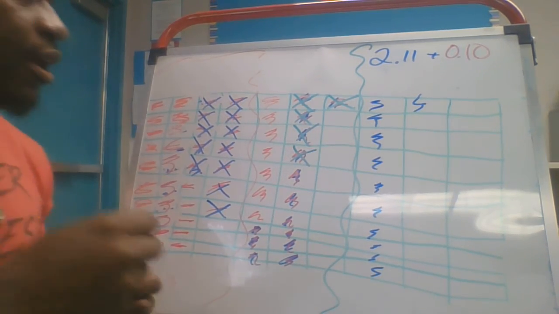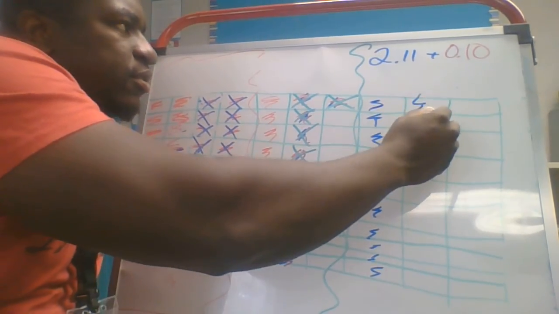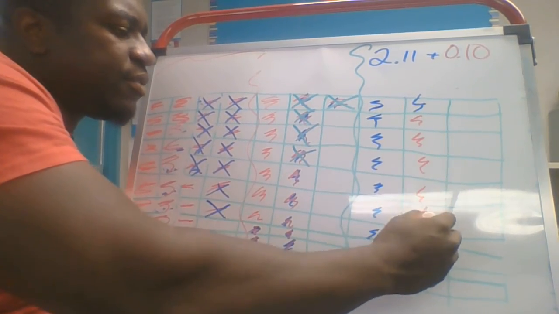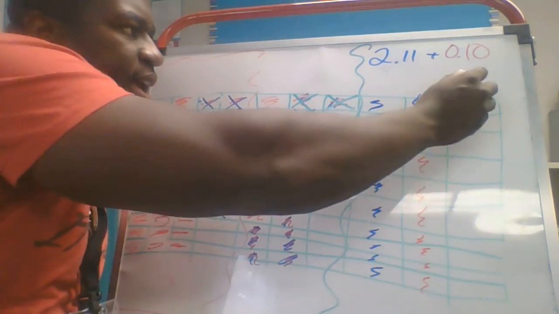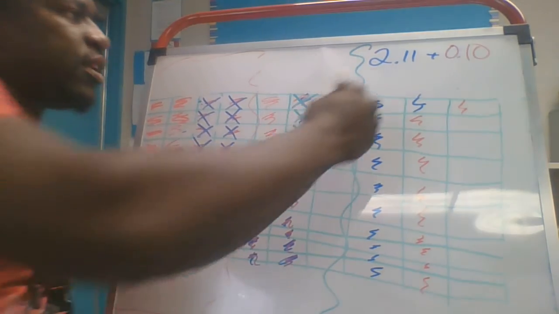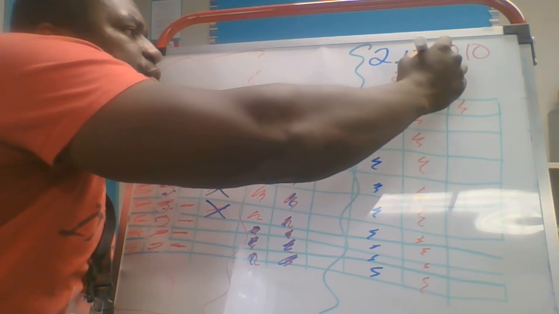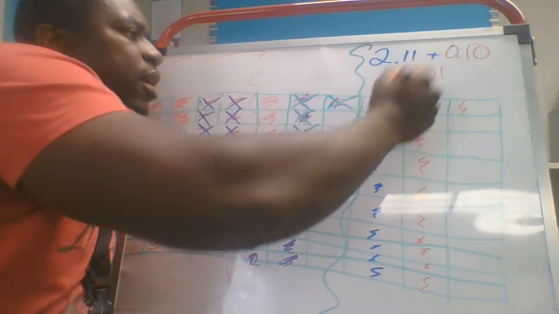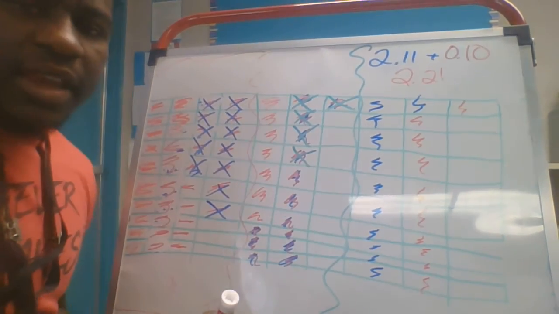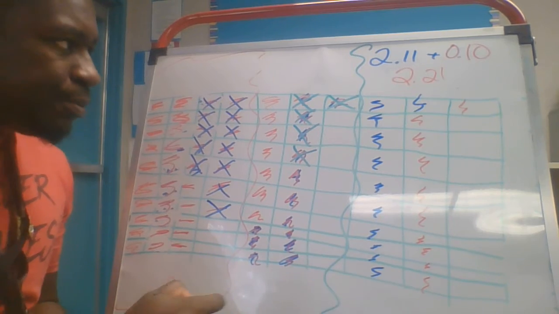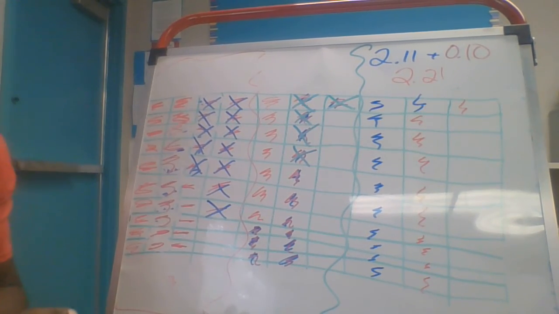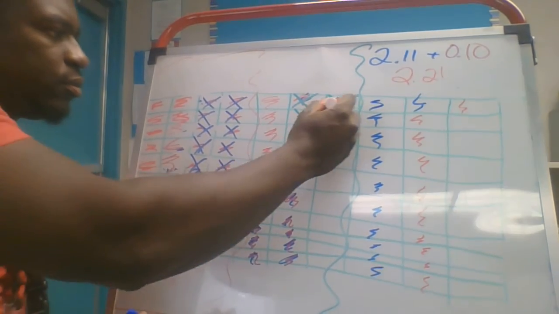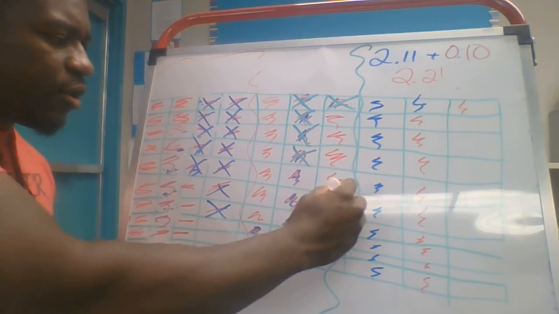And then for red, we have 1, 2, 3, 4, 5, 6, 7, 8, 9, and 10. We add both of those together, and we get 2 and 21 hundredths. So we just add what we have here and place it at the end of our whole number, which is 2. You might see something where, just color all these in.